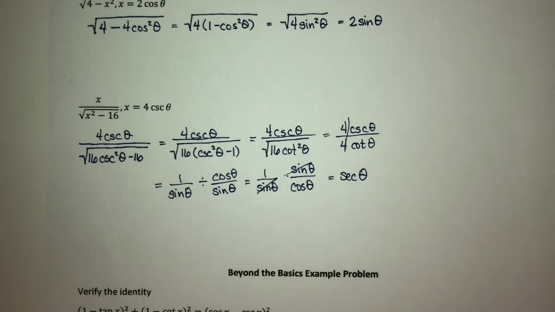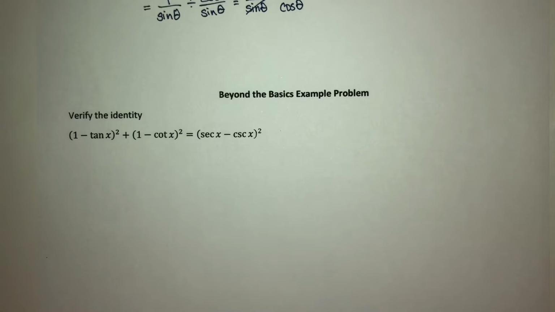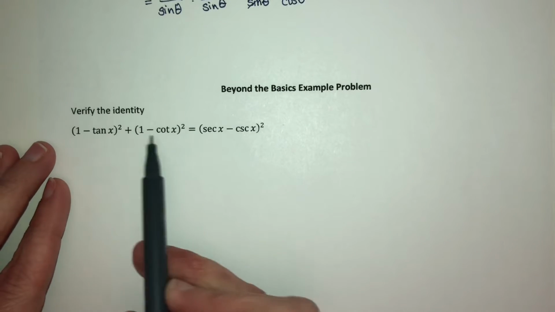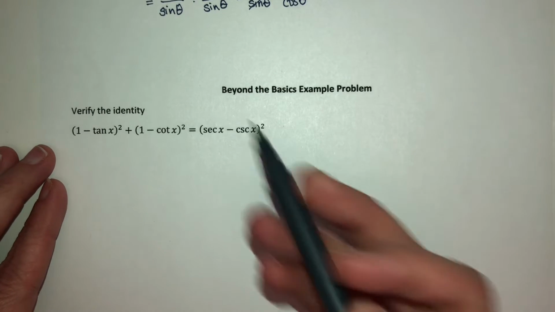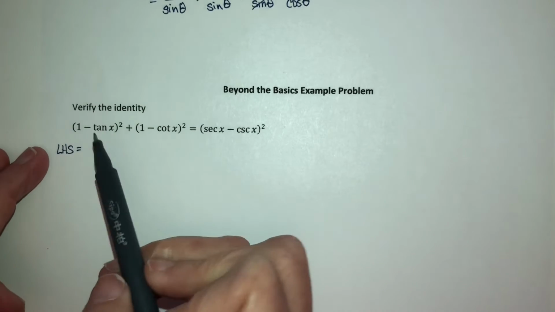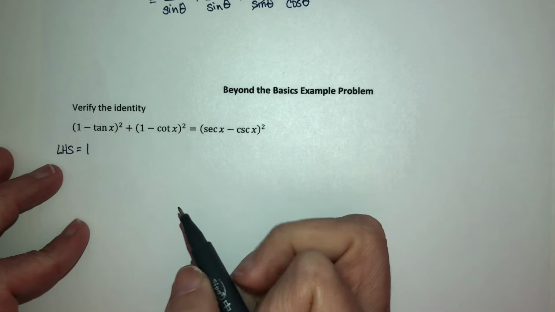Okay, and I decided to work one problem from the beyond the basics section. Okay, they want us to verify this identity. And what I'm going to do is I'm going to do binomial squares here. I'm going to multiply these out and hope I end up over here somewhere. Okay, so my left-hand side is equal to, when you square a binomial, you square your first term, which is 1.